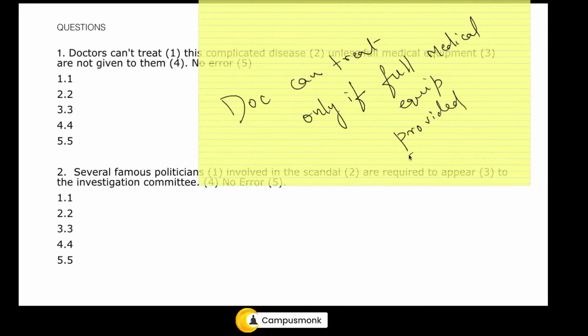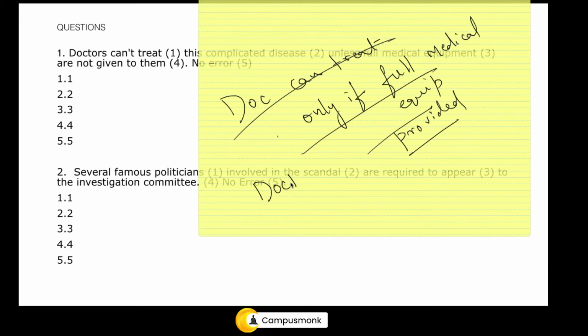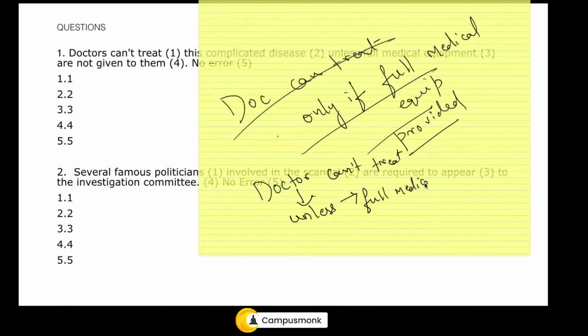If it is provided to the doctors, they can treat the complicated disease. Here the term "can't treat unless" itself justifies that they can treat only when they are given full medical equipment. If they are provided with full medical equipment, doctors can treat it.